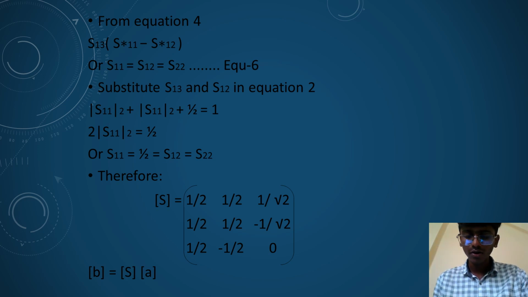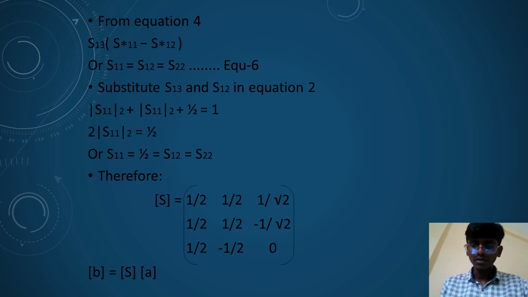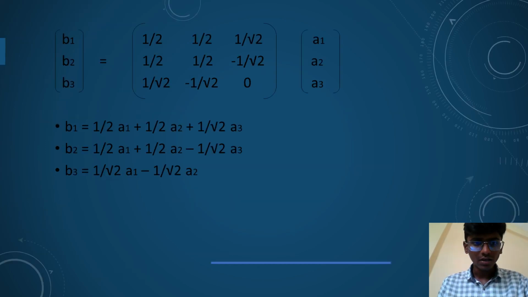Therefore we can conclude the matrix S equals: 1 by 2, 1 by 2, 1 by root 2; 1 by 2, 1 by 2, minus 1 by root 2; 1 by root 2, minus 1 by root 2, and 0. Consider B equal to SA. Move on to the next slide.